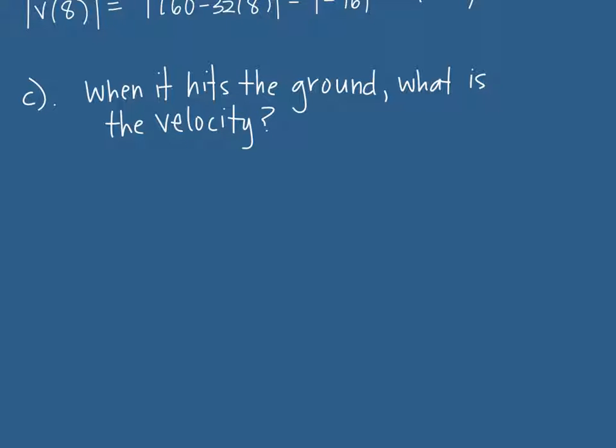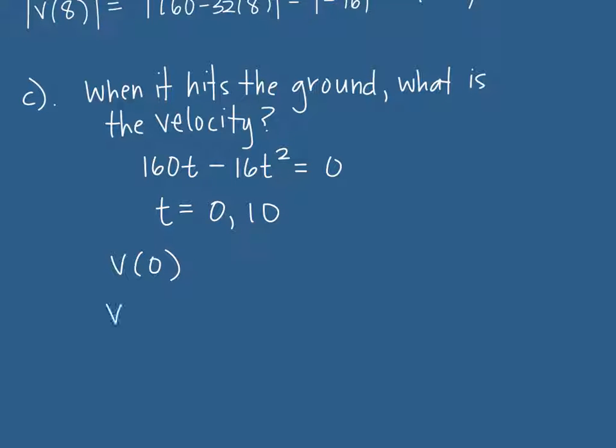So instead of setting this equal to 256, what am I setting it equal to? I'm setting the original equation equal to 0. I'll solve for those two, and I'll tell you that turns out to be 0 and 10. Then you can find the velocity based on both of those times: the velocity at 0 and the velocity at 10. I get two answers because it's on the ground twice. It's on the ground at launch, and it's also on the ground at impact.